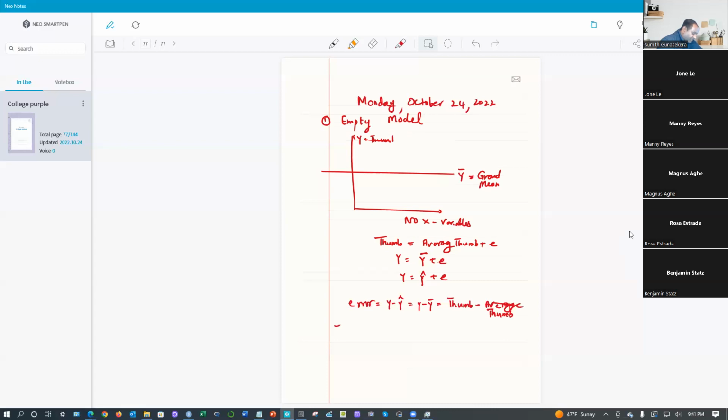So in R we saw this very easily. We say the empty model, LM, and now the data fingers.